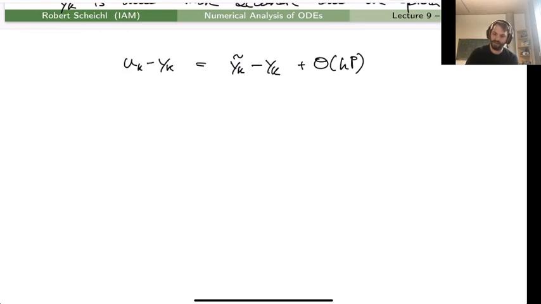So this method is order h to the p, so the difference between this and this will be order h to the p, because this is p plus 1th order.